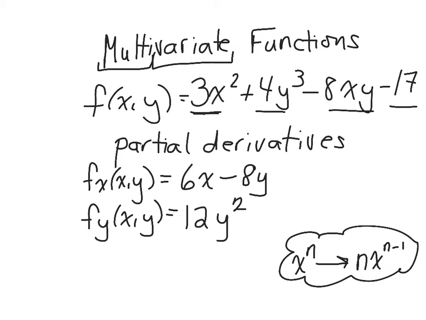The next term, minus 8xy, there is a y in that term. We take the derivative, now keeping x constant because we're taking the derivative with respect to y. So the derivative will be minus 8x. Minus 17, still no x and no y, simply a constant. The derivative is 0.